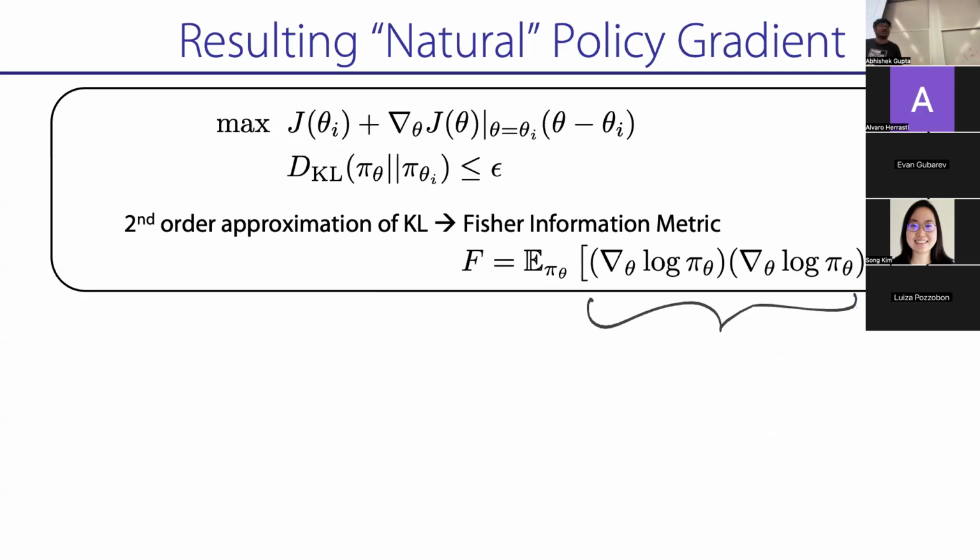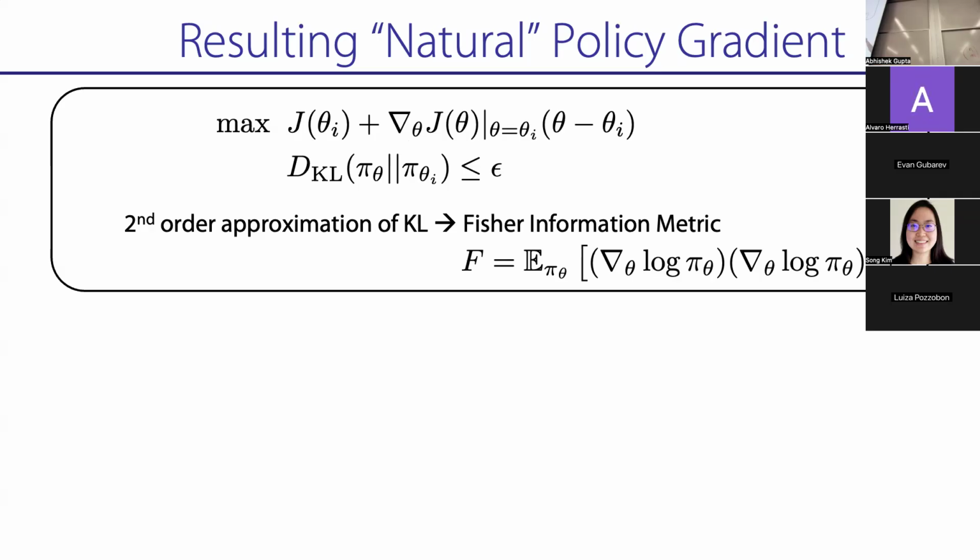Remember, if your parameters are n dimensional, your Fisher information matrix is an n by n matrix. So if you have 100 billion parameters, this is a 100 billion by 100 billion matrix, which is not great.